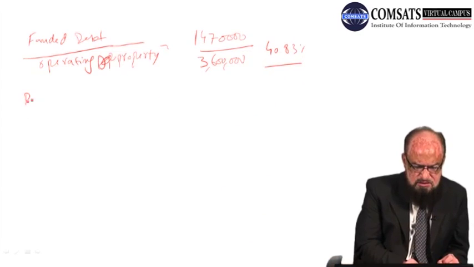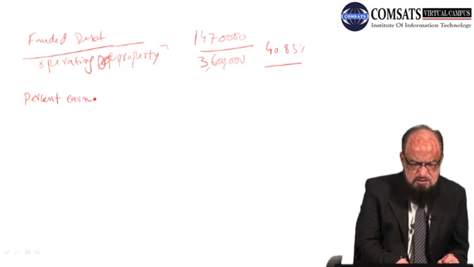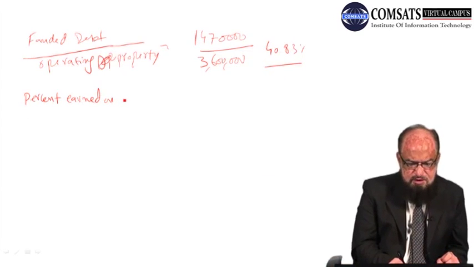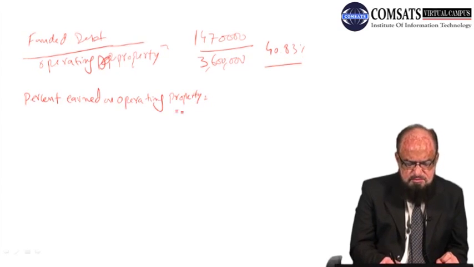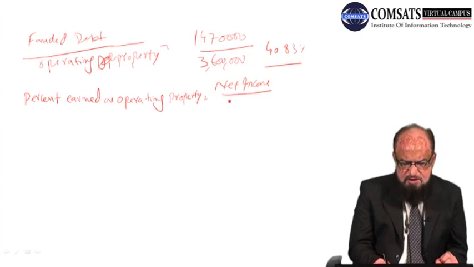Percent earned on operating property. The formula is very simple: net income divided by operating property.